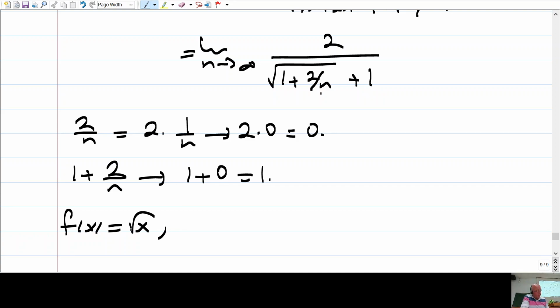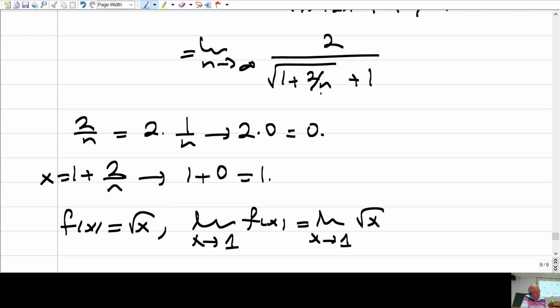You take this as x, and x goes to 1. Therefore, the limit of square root of x is just 1.